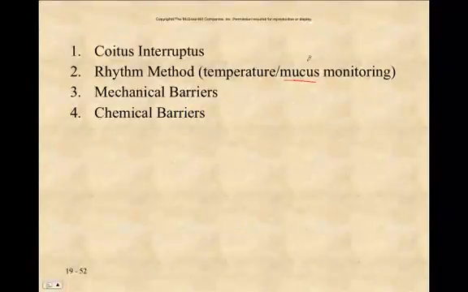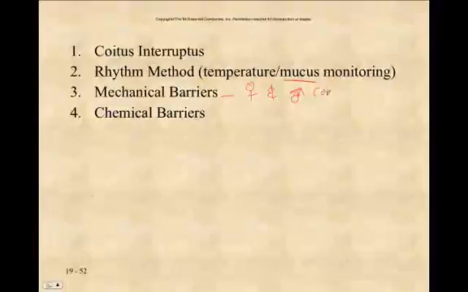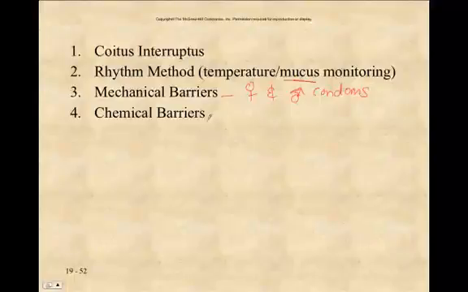Then, of course, there are mechanical barriers. So female and male condoms form a nice mechanical barrier. And then there are also chemical barriers, so you have your spermicide creams, foams, and spermicide jellies.